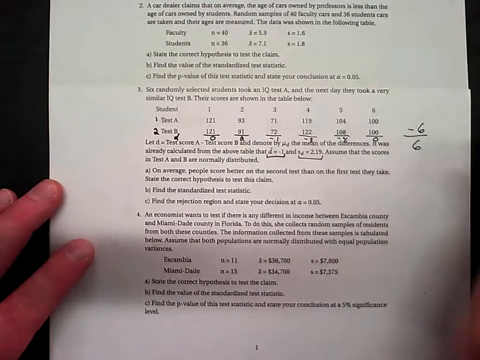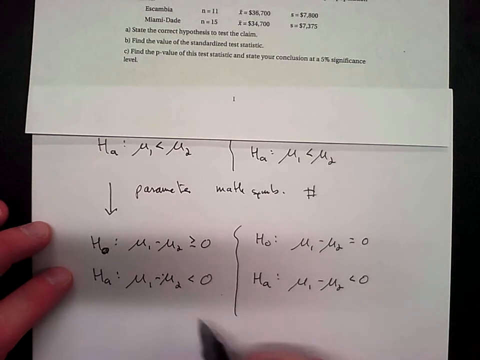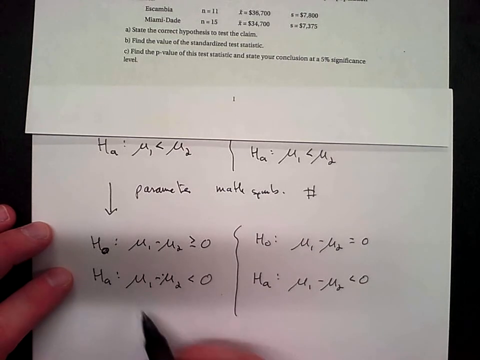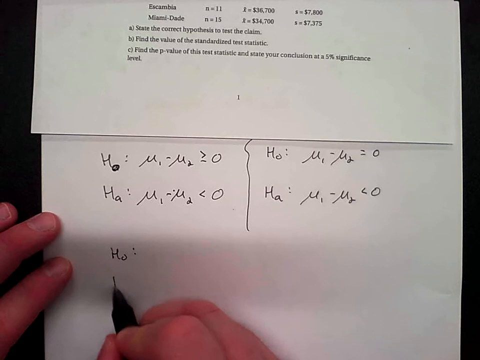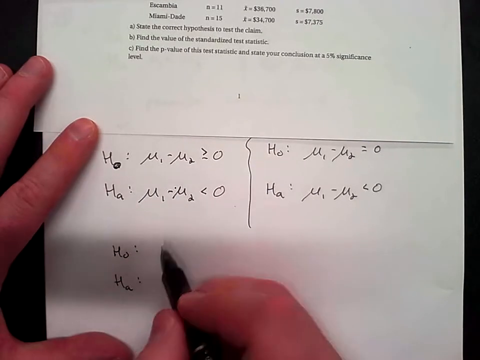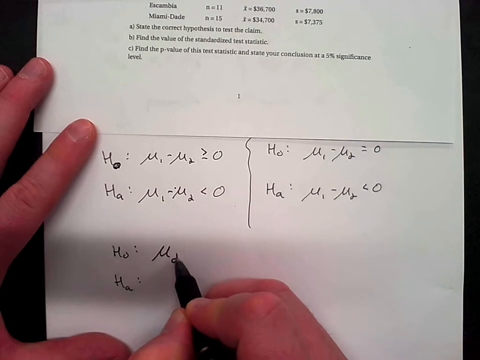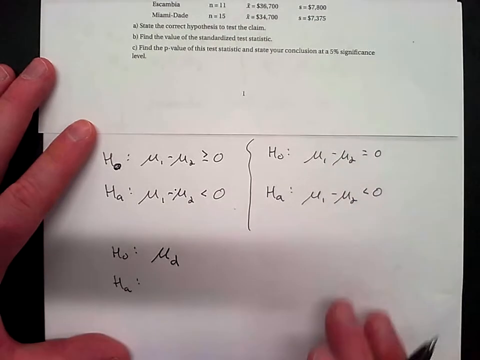And here's something that we can do additionally with this paired sample. We can rewrite our hypotheses now as the null hypotheses and the alternative hypotheses. Here it's mu1 minus mu2. We can rewrite that as mu sub d for their difference.